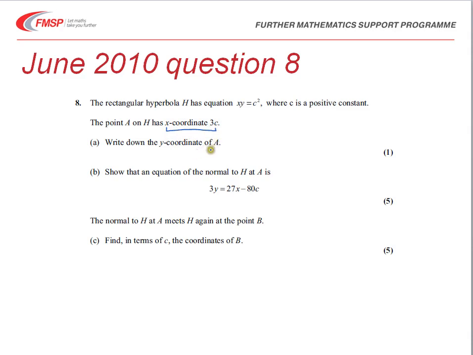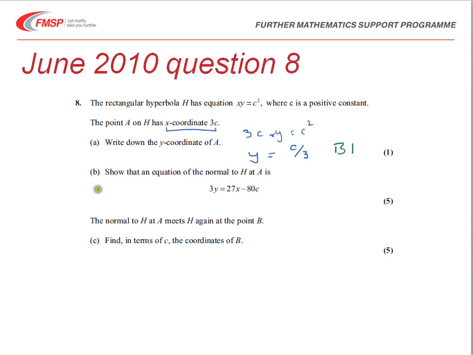This is just a case of substituting the value 3c into the given equation, so that 3c multiplied by y is equal to c squared, and therefore the y coordinate of A is equal to c over 3. A simple B1 mark for that. Again, no method marks at all. You either get that mark or you don't.